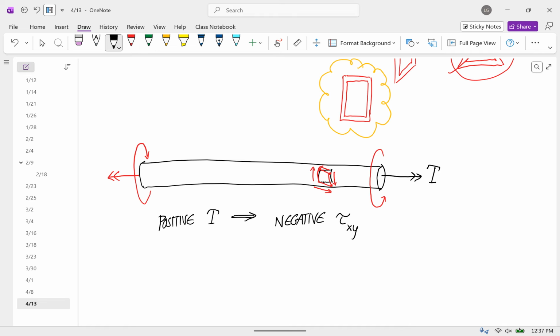Because our x-axis is this way, our z-axis is this way, and our y is this way. So this downward traction component that I've drawn is on the positive x face in the negative y direction.